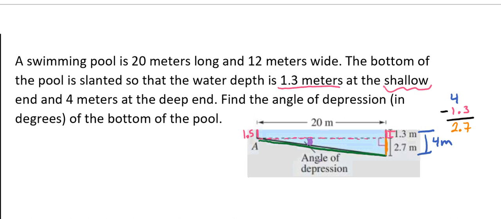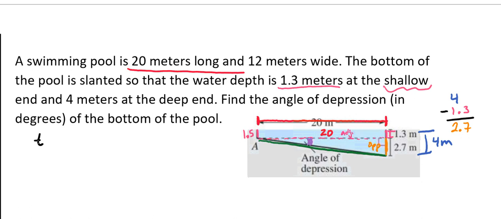If we look at our sides, that tells us that we have the opposite side. And don't forget that we were told that our swimming pool is 12 meters long. So 12 meters long. So we also have our adjacent side. If we have the opposite and the adjacent, that would make a great tangent.